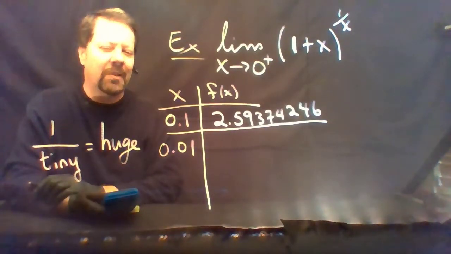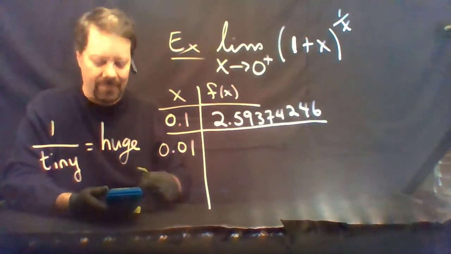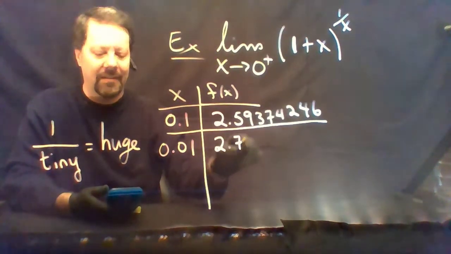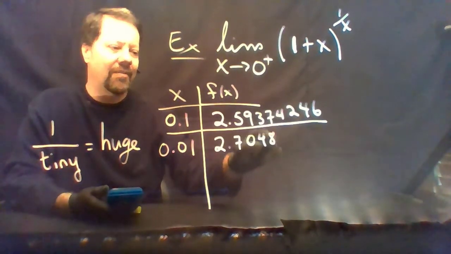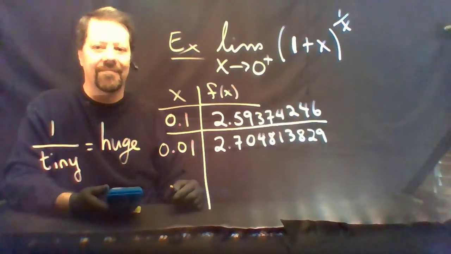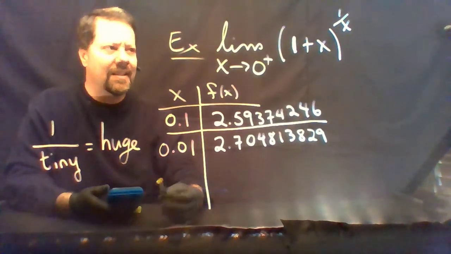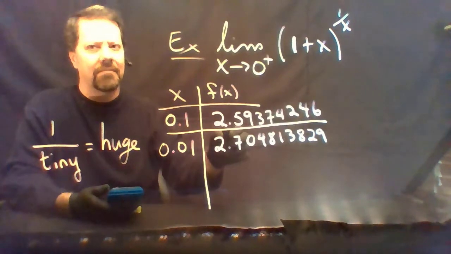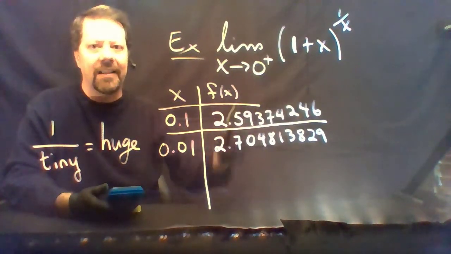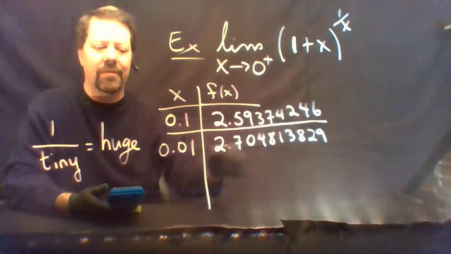What happens when we plug in something like 1/100th, 0.01? My calculator's giving me 2.704813829. Well, at least they share the number 2. You can see that this number is going to something not very close to 1, but not infinite either. It's staying bounded, pretty close to 2, or somewhere between 2 and 3.